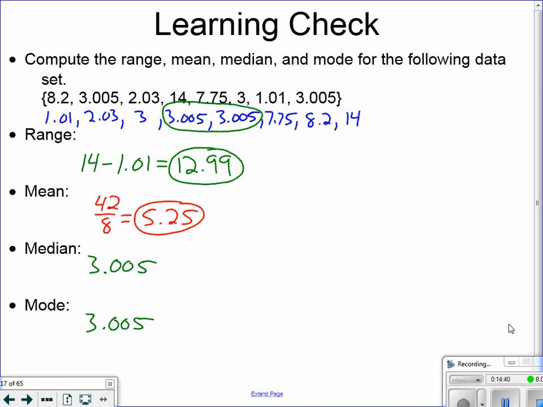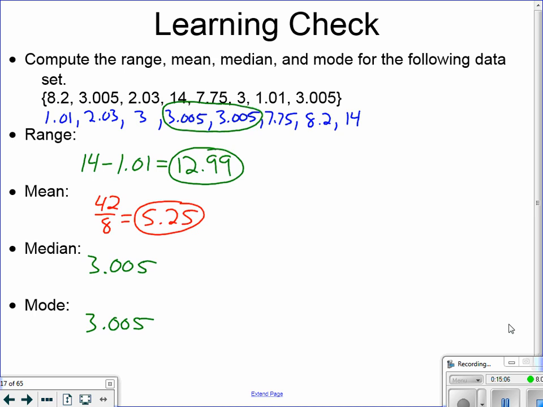Now for your median, you end up having 2 numbers in the middle, but in this case, those 2 numbers were the same number. They're both 3.005. You can see I have them circled up there. If you were to calculate the mean of those two numbers, you would just get 3.005.